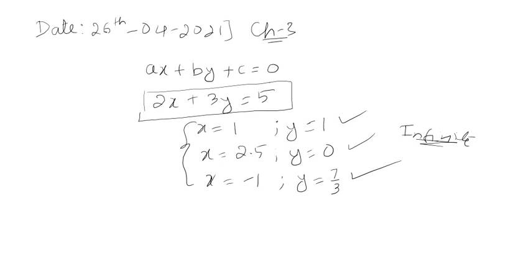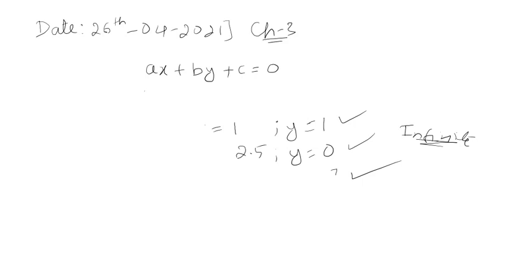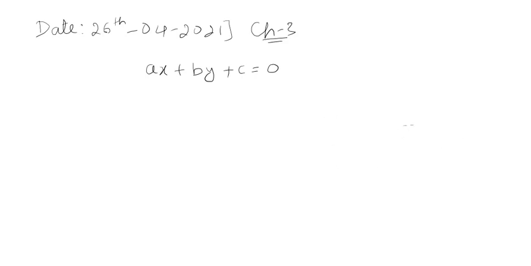Now, if we have two linear equations instead of one, which is where our 10th class chapter begins, then what will happen? We'll take the first equation and name it a1x plus b1y plus c1 is equal to 0. This is one.